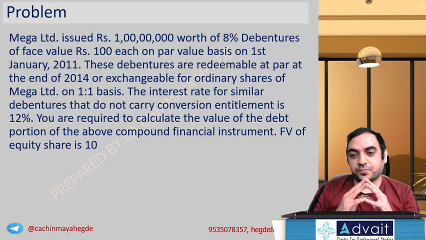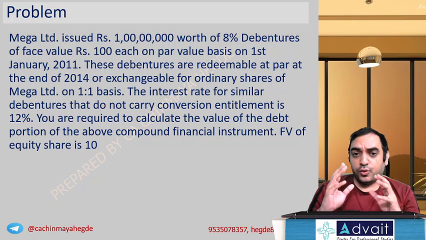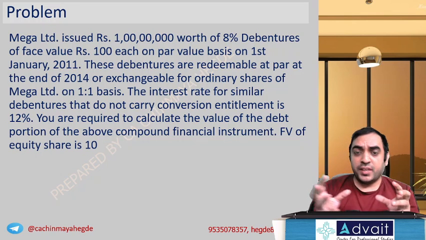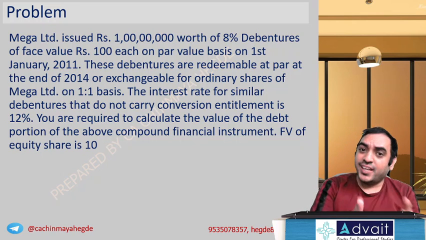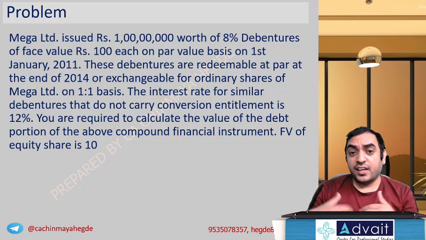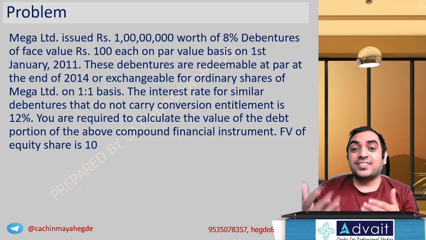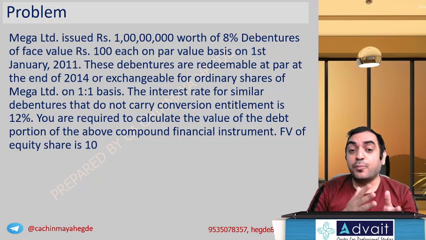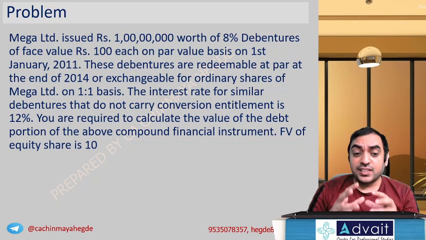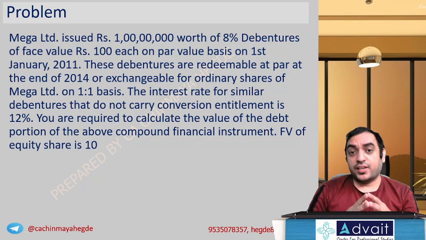First, why is this called a compound financial instrument? You know the basic meaning of a debt, where the entity has an obligation to pay cash, and the basic meaning of equity, where you will have fixed for fixed, a fixed number of shares and fixed issue price. Now in this case, it is convertible debentures, right?